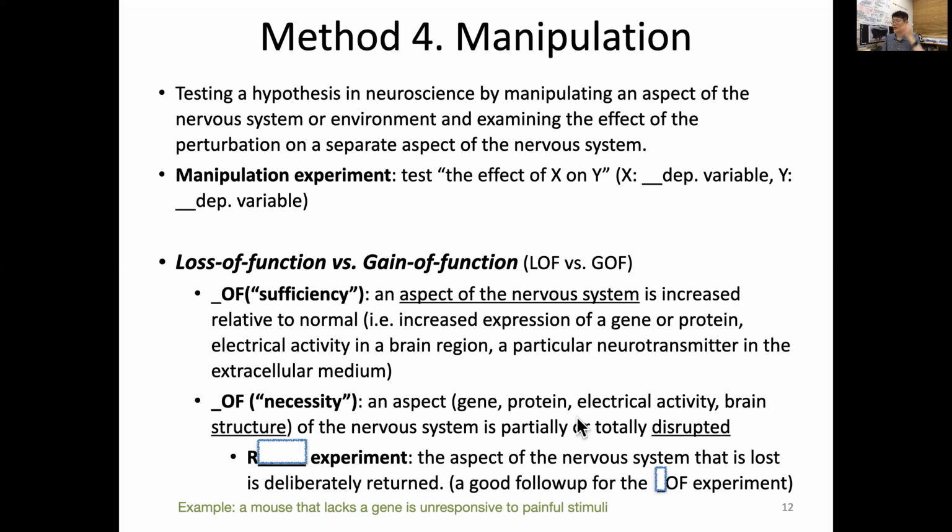So, for example, let's say we believe this gene is very important. And so we deliberately lower down, knock down, or lower the expression of a gene, and then we find some particular output, such as behavior, is changed. Then we can consider that gene is at least necessary for revealing that particular function.